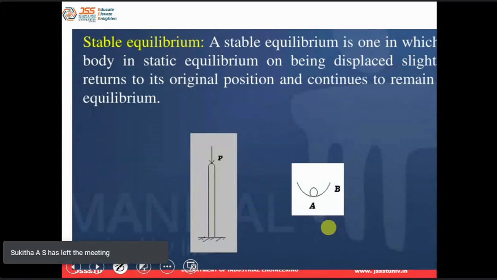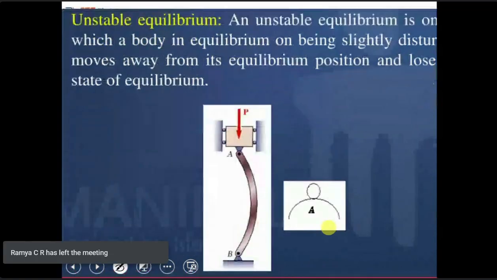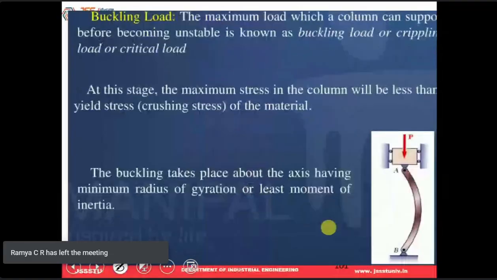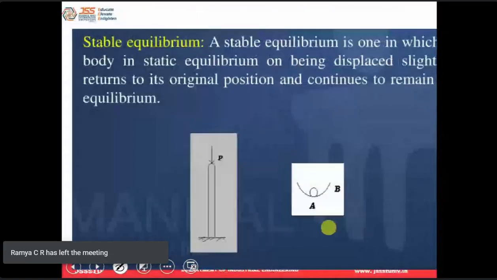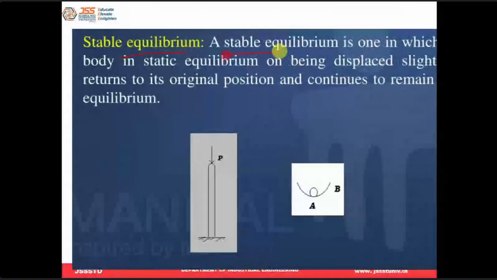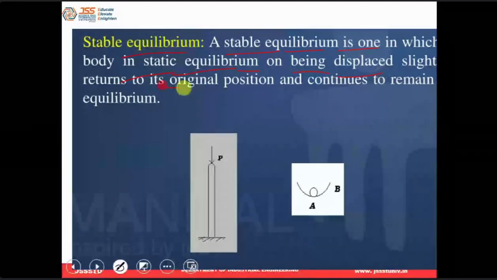Now, whenever the load is acting on the columns, there are two states of equilibrium we are going to observe: stable equilibrium and unstable equilibrium. A stable equilibrium is one in which a body in static equilibrium, on being displaced slightly, returns to its original position and continues to remain in equilibrium.